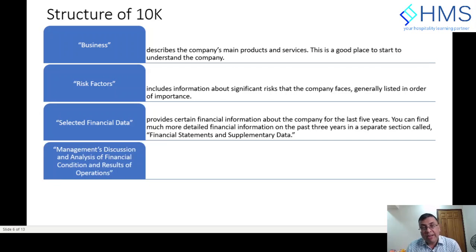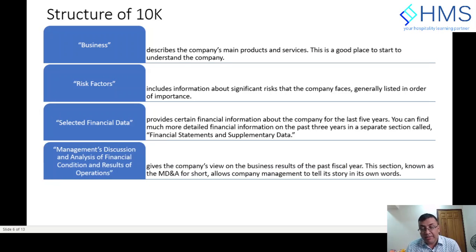Then you have management discussion and analysis. Here the company discusses mostly its future plans and its business results of the past year, and it allows the company to tell the story and explain what is happening. If they are falling short of expectations, what is the reason and what are they doing about it?